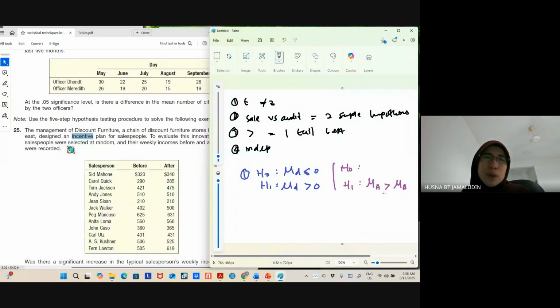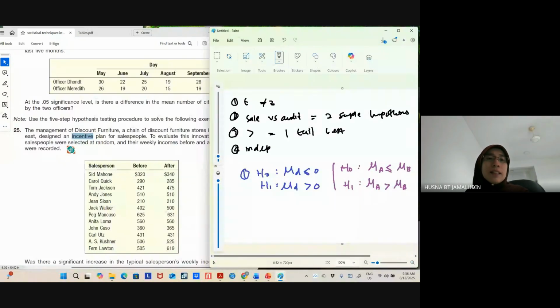Of course, after you receive the incentive, you will work more and then you will get more income. Okay, so this is just the opposite: mean after less than or equal to mean before. Okay, so this is another way of stating your hypothesis.